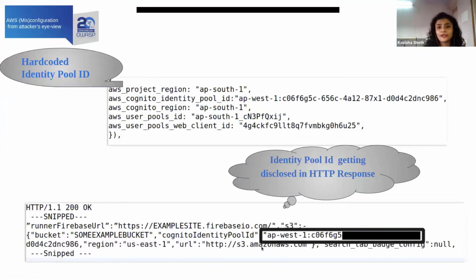But you might be thinking, this is not confidential info, like the identity pool ID or the app client. So what else can be done? The question to ask yourself while testing is: how can the disclosure of the app client ID, user pool ID, or identity pool ID help me exploit this? You need to figure out the exploitation part.